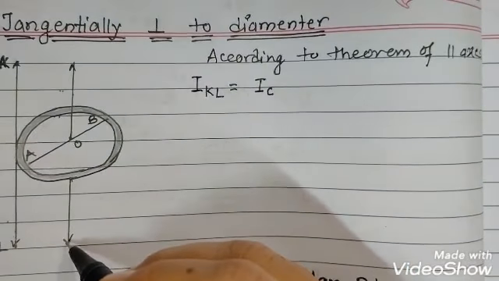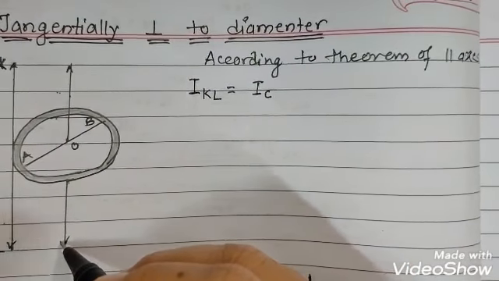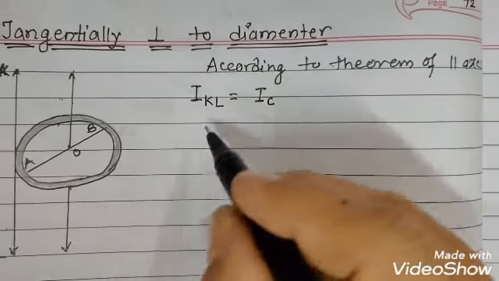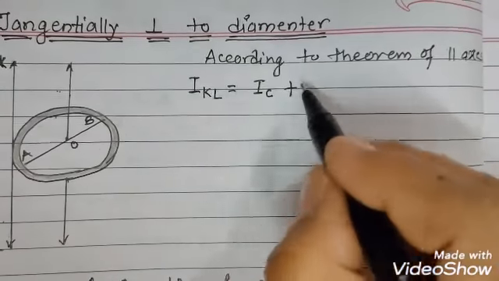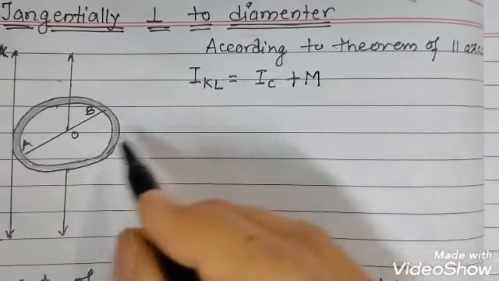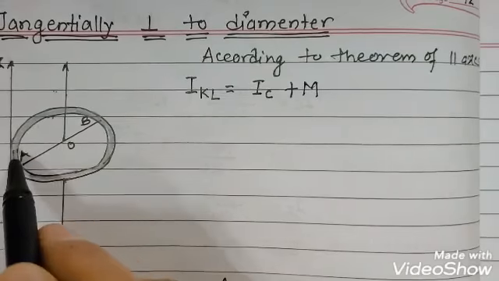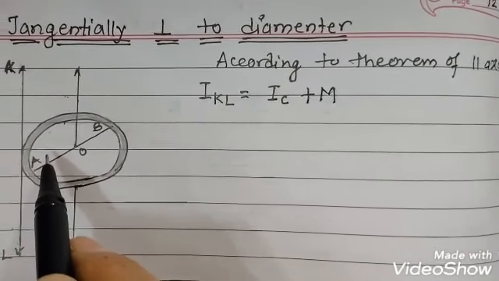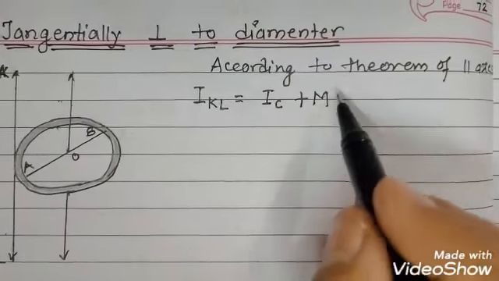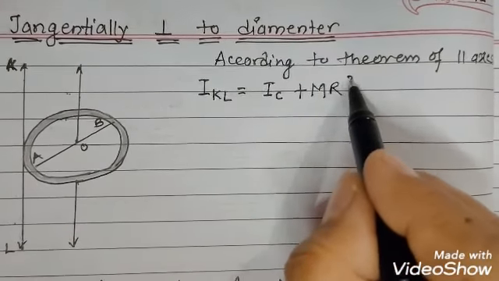You can see that it is passing through the center. So IC, and the total mass of the ring M, and the distance between these two is also R, so we'll take R square.